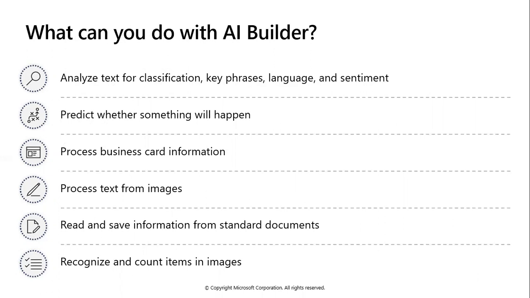Then we have the capability to process business card information using the business card scanner model. And then we also have the ability to classify the image as well, where we can count the number of items in the image. We can also process the text from the image, and we can read and save the information from standard documents.